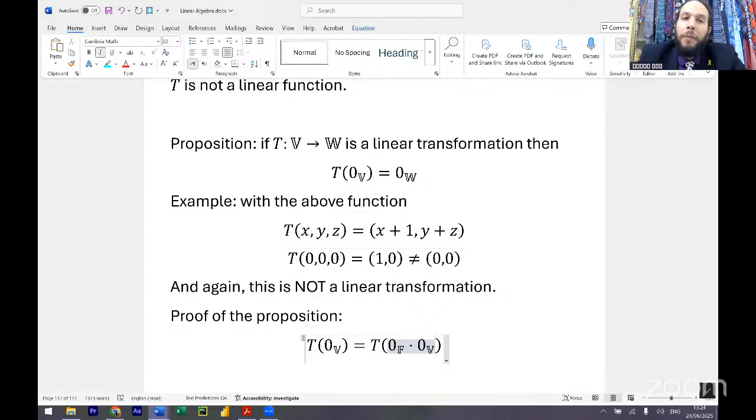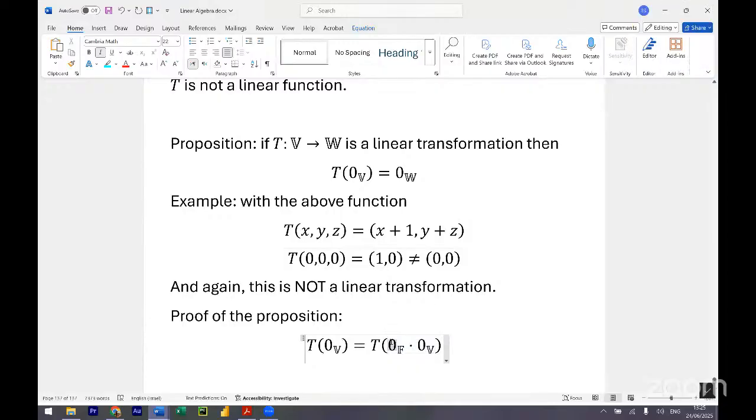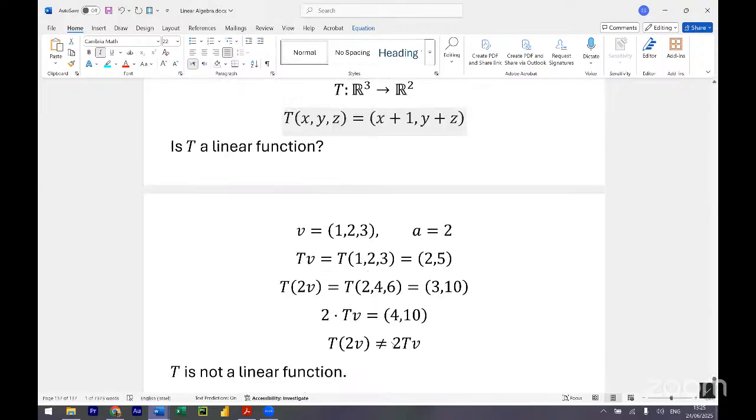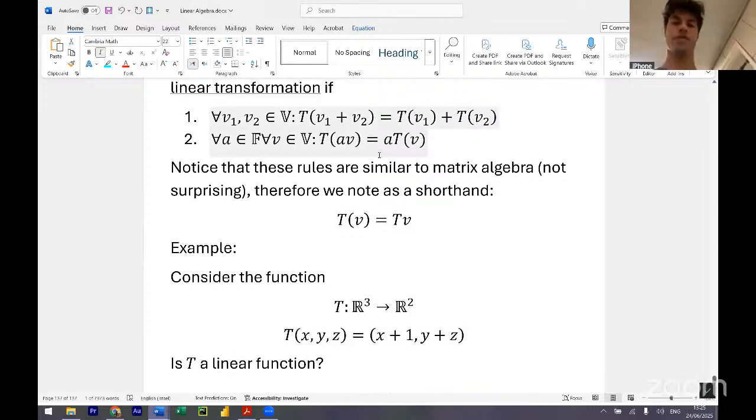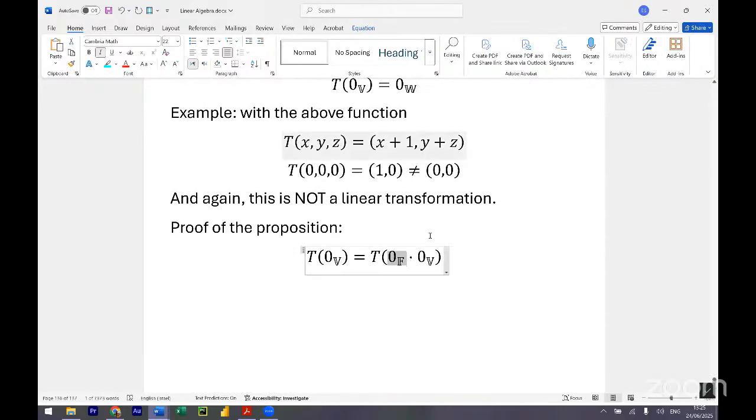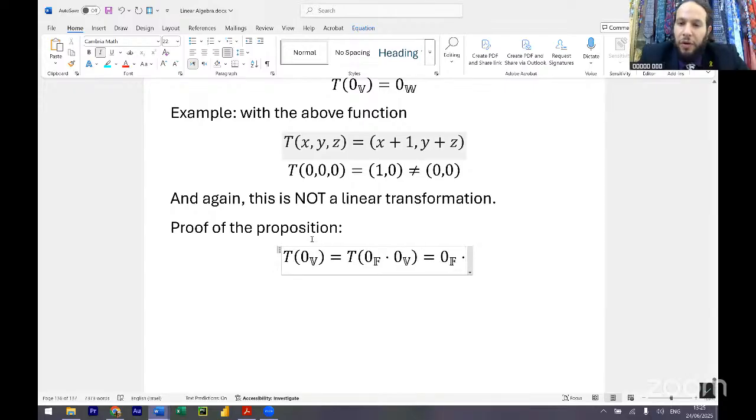Now, from the rules of linear transformation, what can we do with that scalar here? Take it out. Exactly, we can take it out or move it to the left, however you wish to think about it. So it's the 0 scalar times T of 0v.